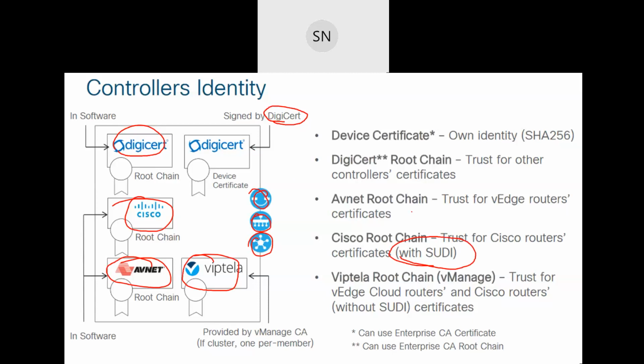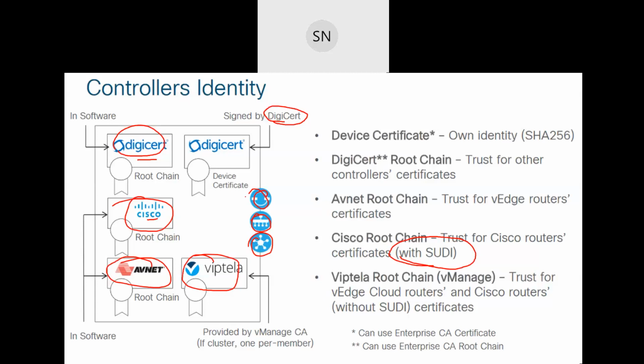For that matter, the individual virtual WAN routers, the vEdge Cloud or the CSR 1000V, will not have the SUDI chip or the AVNet chipset, because those are virtual devices. In that case, you can sign the individual devices by the vManage itself. Okay, so there is an option within the settings that you can choose: let the vManage sign the devices. So you can choose that option.